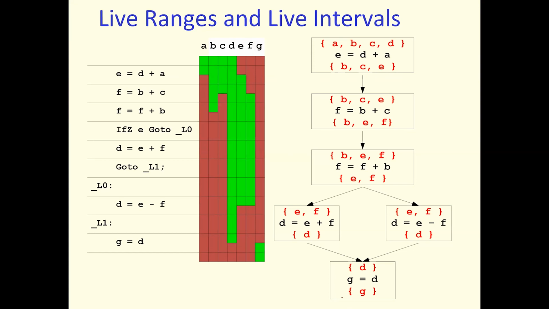So if this is clear, then we can go to register allocation. You can see that once again, like we did earlier, at this point, if I have to put all the live values in registers, I need at least 4 registers.